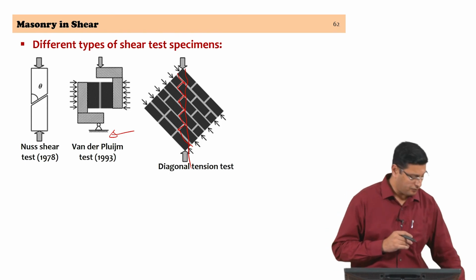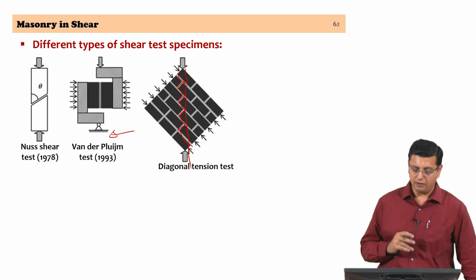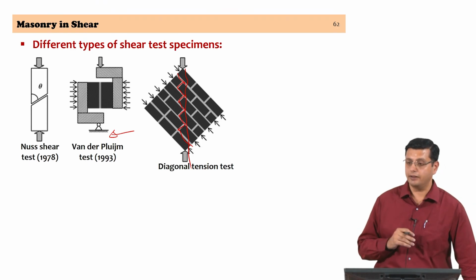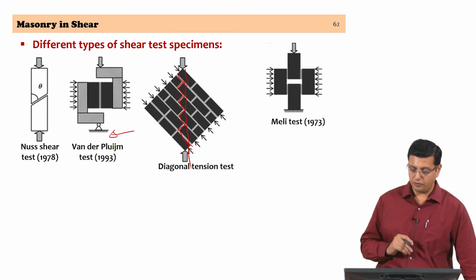So, we will examine this in detail when we look at biaxial stresses due to shear and compression. However, I am giving you an overview of the different tests available.